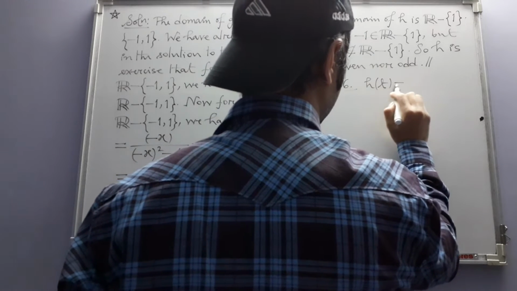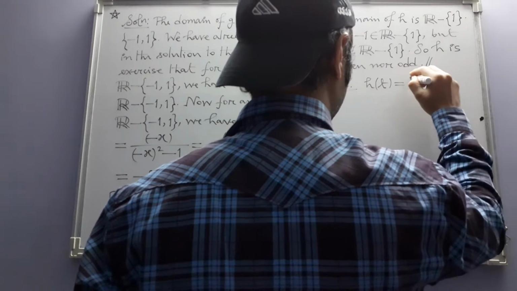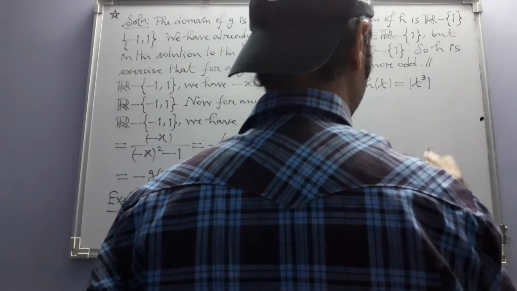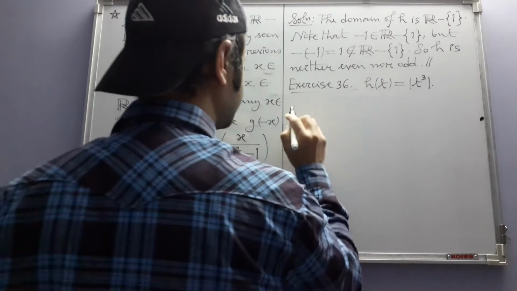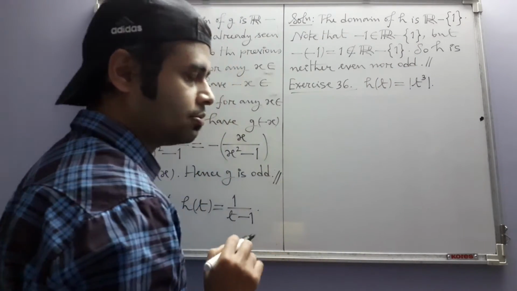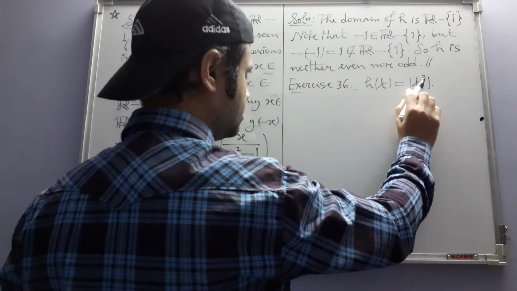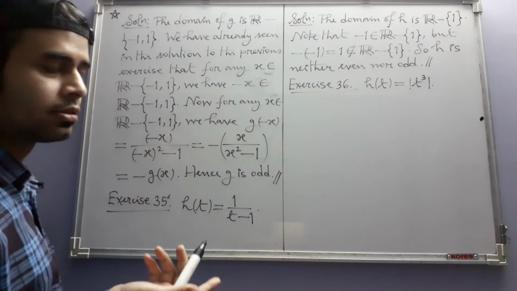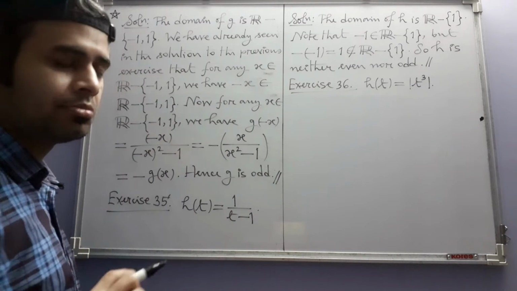Then 36. H of t equal to t cube, but not just t cube, the absolute value of t cube. Because of that absolute value, it will be even in spite of having an odd exponent here. Note that this is not a polynomial function.